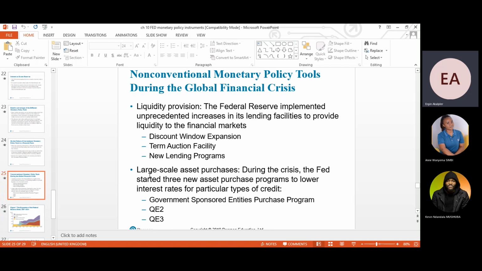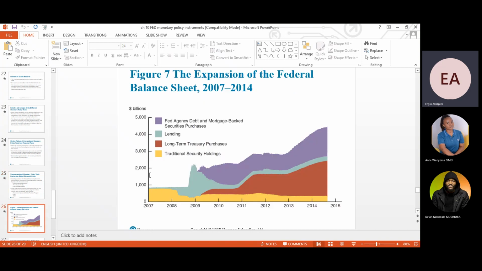During the crisis, the Fed started three new asset purchase programs to lower interest rates for particular types of credit. These are the government-sponsored entities purchase program, and the QE2 and QE3 programs, which are aimed at reducing or enlarging the amount of money, bringing some relaxation in the crisis.